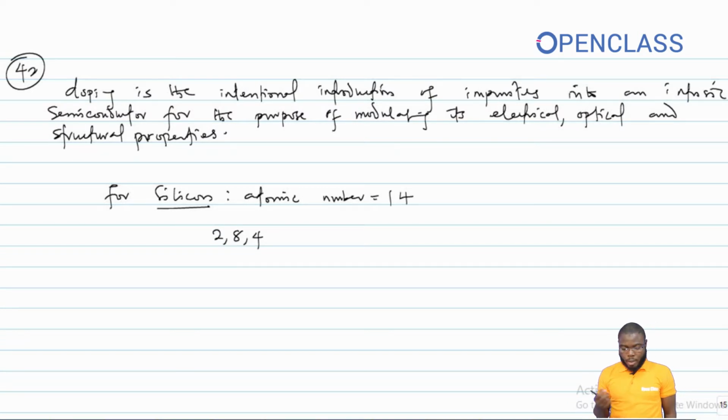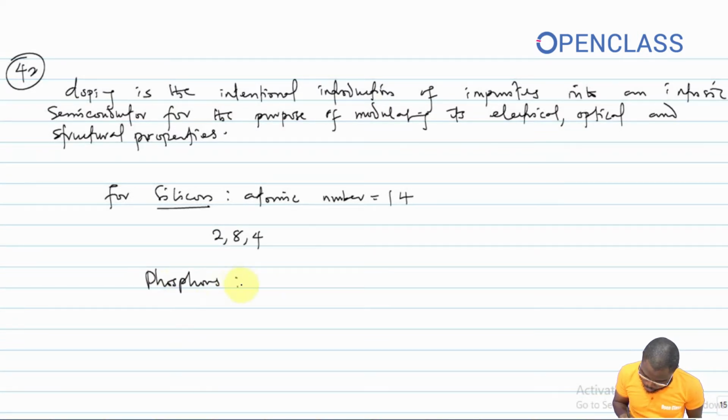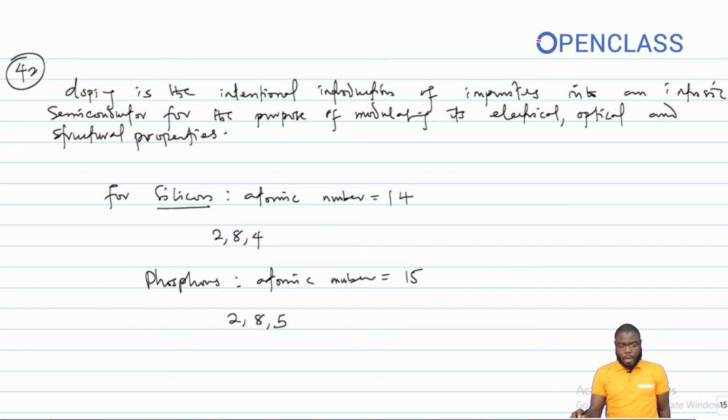So how does it work? Phosphorus has atomic number 15, so we have 2, 8, 5. When phosphorus becomes a dopant, we are using it to dope our silicon.